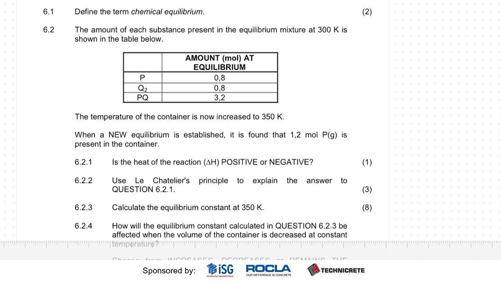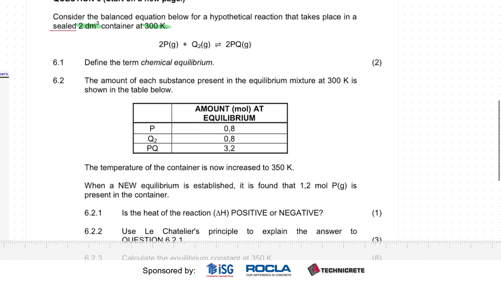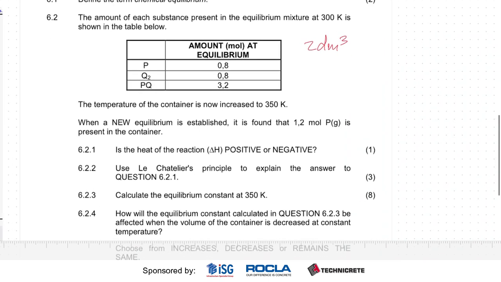The amount of each substance present in the equilibrium mixture at 300 Kelvin is shown in the table below. They give us amounts, not concentrations, but we can calculate the concentration because we know that the container is 2 dm³. So we can calculate concentrations with this and this both in mind.